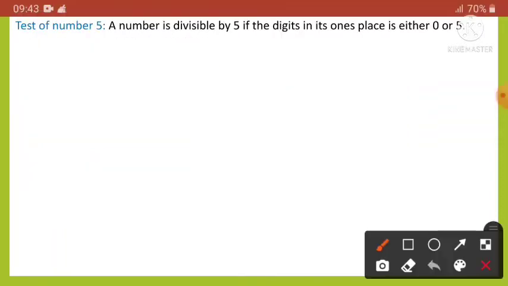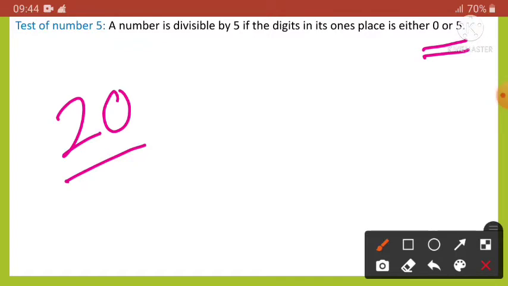Next is the test of number 5. A number is divisible by 5 if the digit in its ones place is either 0 or 5. Okay, either 0 or 5. If I take this number and check whether it is divisible by 5, we have to look at the ones place digit.